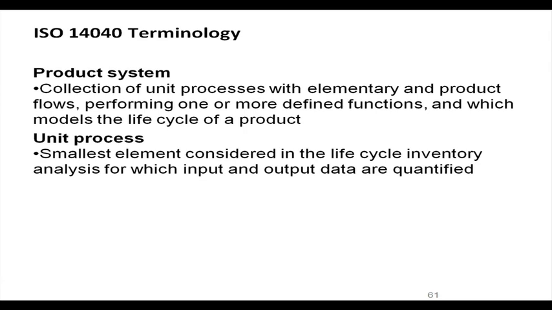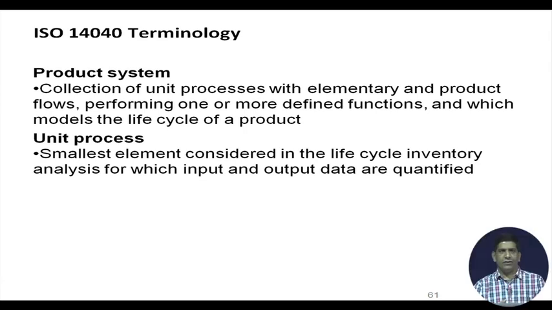A unit process is the smallest element considered in the life cycle inventory analysis. It is the smallest element in the process chain for which input and output data are quantified. There will be several unit processes in a product system, and for all of these unit processes we do the LCI, life cycle inventory.